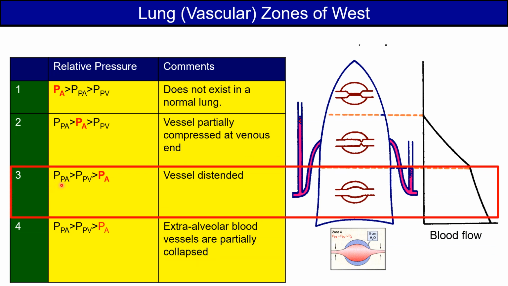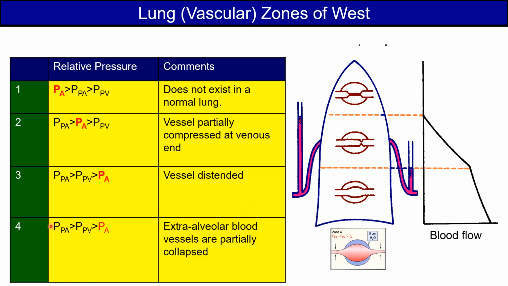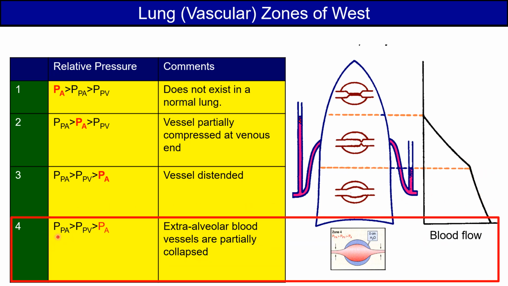In zone 3, the arterial is greater than the venous and greater than the alveolar, and notice that the blood vessels are distended. That's why you have the greatest blood flow here. In zone 4, the relationship is still the same, but the extra-alveolar vessels are partially collapsed, and therefore there is little blood flow at this segment because it is collapsed.